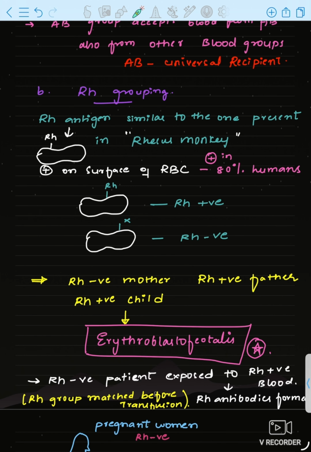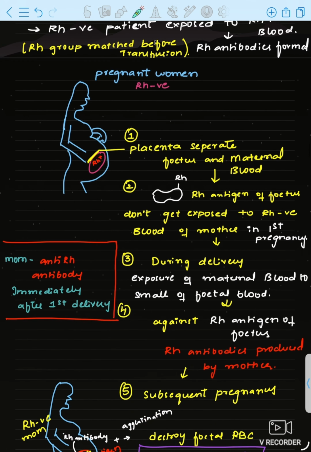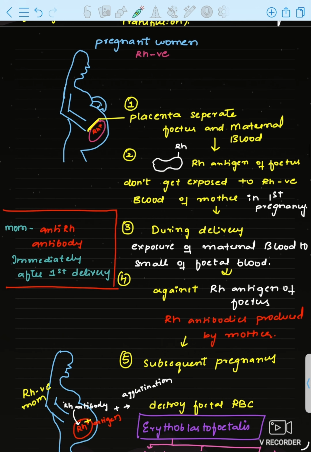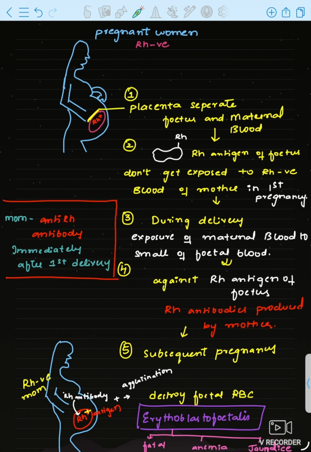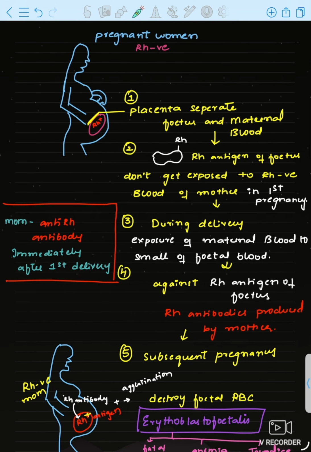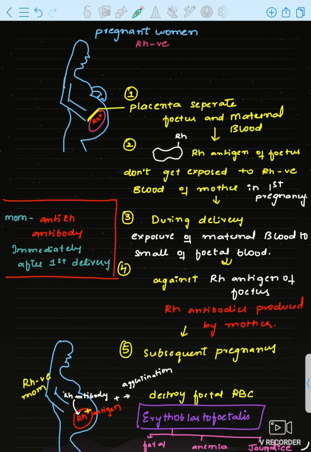That is why Rh grouping is matched; this is also checked before blood transfusion. See, this is the main case, erythroblastosis fetalis.